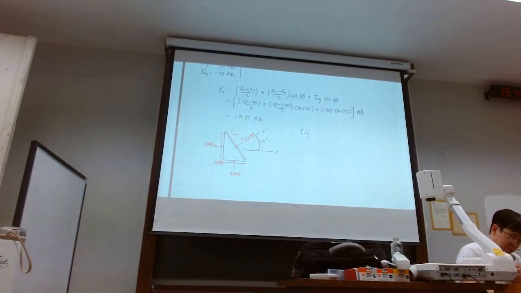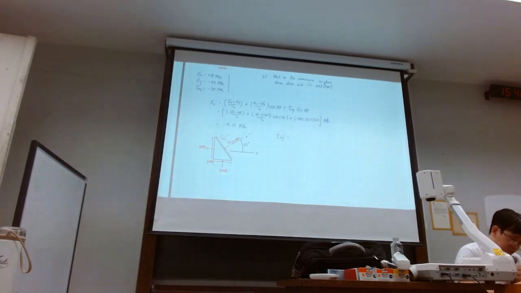Again, tau x prime y prime, you do the substitution, again you get negative sigma x minus sigma y over 2 sine of 2 theta plus tau xy cosine of the 2 theta. So again, this is going to be 10 minus 40 over 2, sine of 50 degrees.